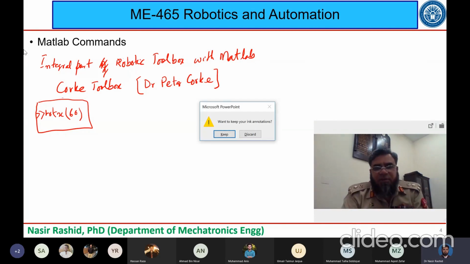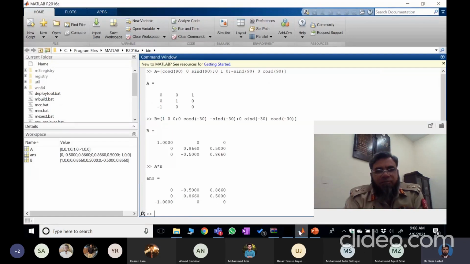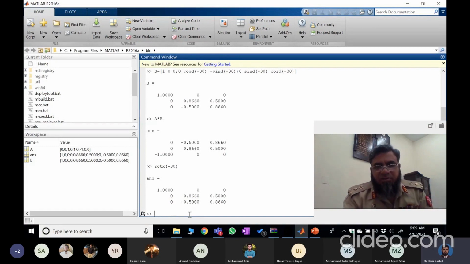So let me go back to the Matlab window and write it down. Let's see, what was my x? It was minus 30. Let's see if I can do rotx, which I had written as b, minus 30. This should give me the same value as given by this.